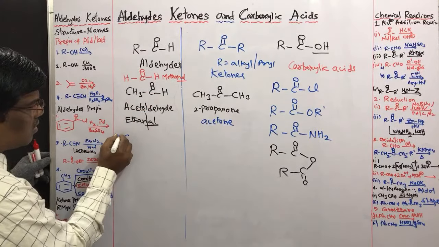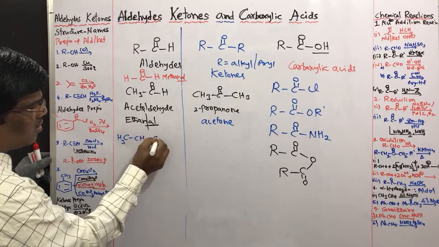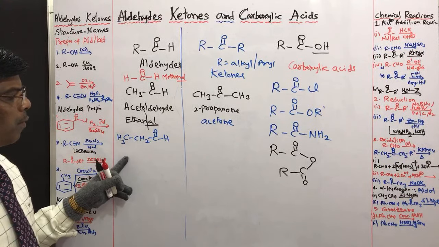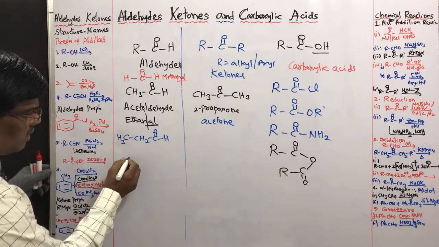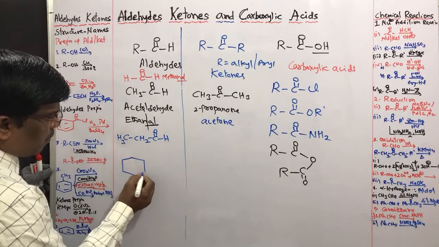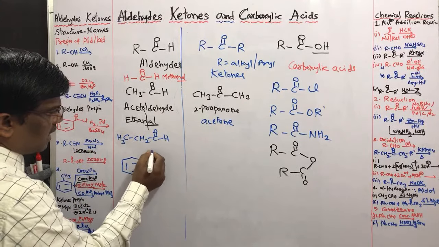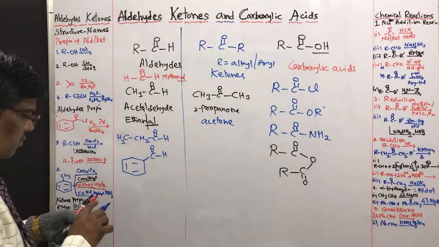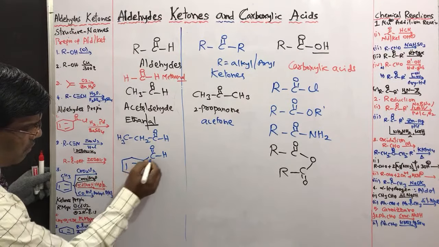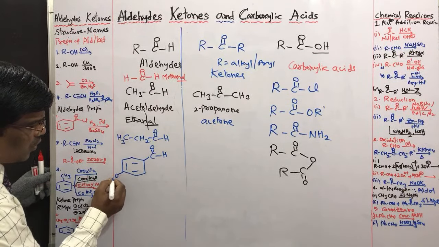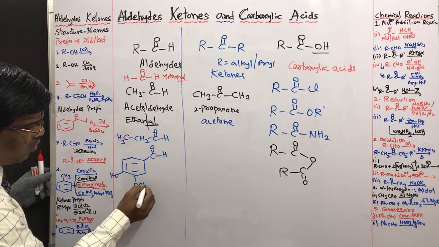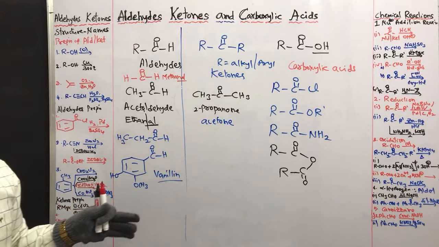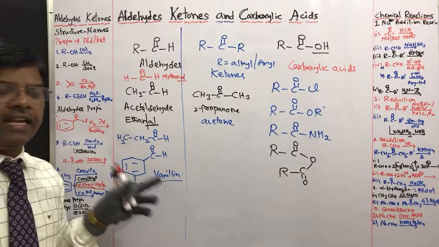Then comes propionaldehyde, and very important compounds under this series are aromatic aldehydes. This is benzaldehyde, and when benzaldehyde is substituted with hydroxy and methoxy groups, it is known as vanillin, which we use in ice creams.